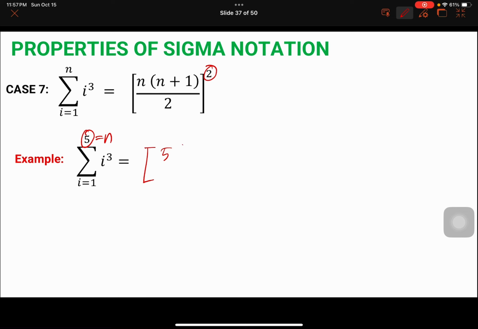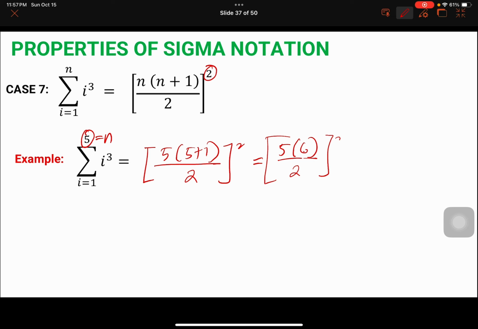So, magiging 5 times 5 plus 1 over 2, then naka-squared. So, equal na siya kay 5 times 6 over 2, then naka-squared. So, mapapansin nyo dito, liliit pa tong 6 divided by 2, magiging 3 na lang siya. So, nasa loob na lang ay 15. So, 15 squared is equal to 225.